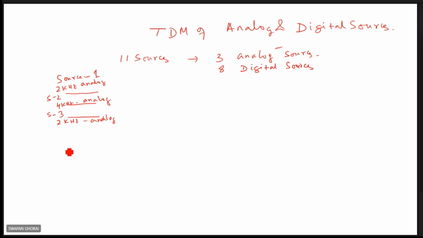So source 4, source 5, and this way you get up to S11. All of them are 7.2 kbps.